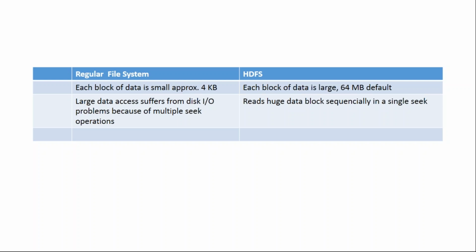If it is too small, and say you are processing 1 terabyte of data, that would make up too many of these 4 KB blocks, and each block is spread across the hard disk at different locations. If it is a big block, normally it is stored contiguously.